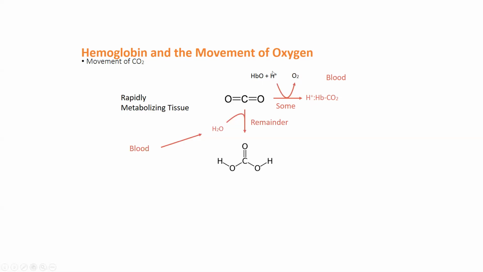And instead, the hydrogen proton and the carbon dioxide will bind to hemoglobin. So hemoglobin came in as HbO2, oxyhemoglobin, and then it let go of the oxygen, and now it's bound to Hb, carbon dioxide, and the protons.